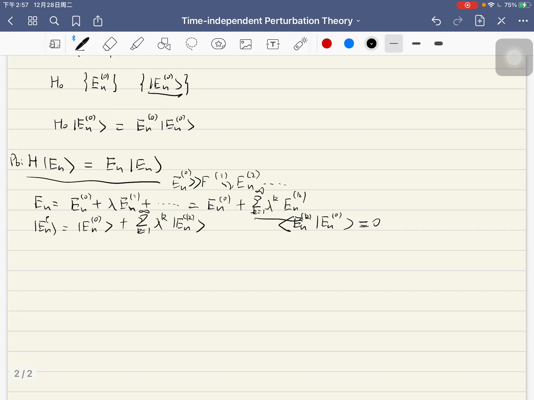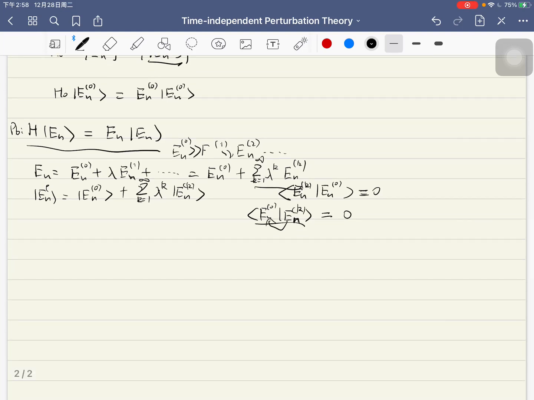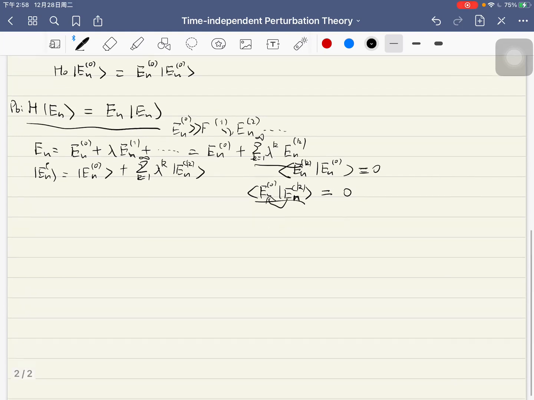If the inner product of |n(k)> with |n0> does not equal zero, we can always absorb that part of |n(k)> into |n0>. So here are our basic assumptions.